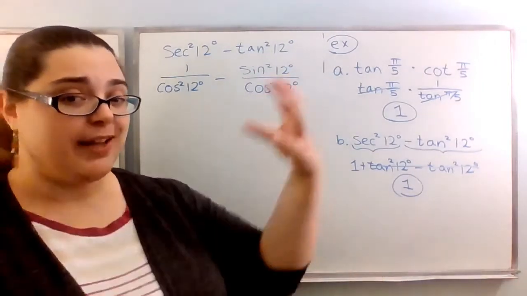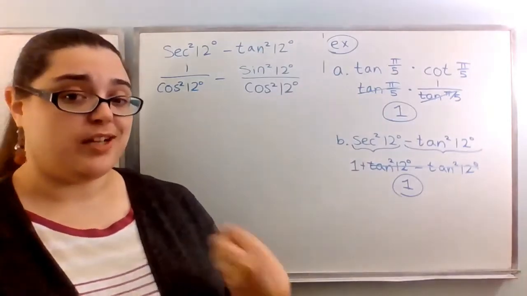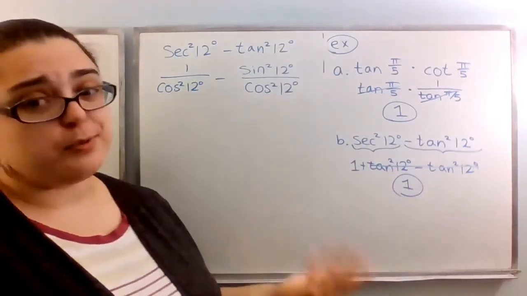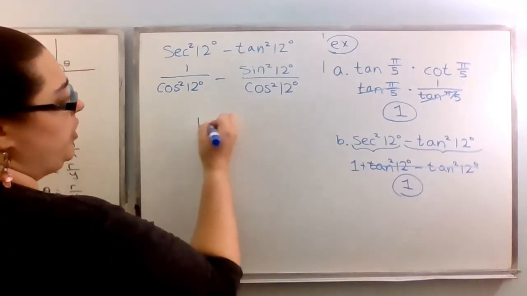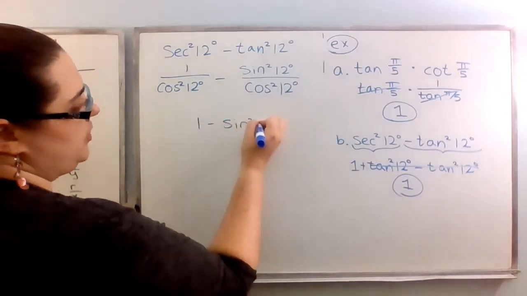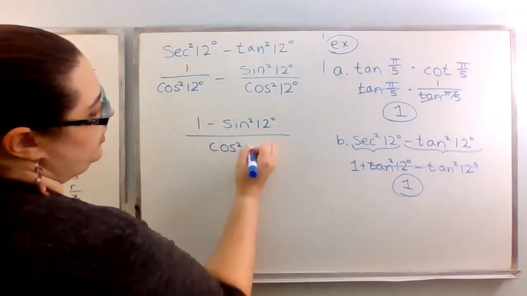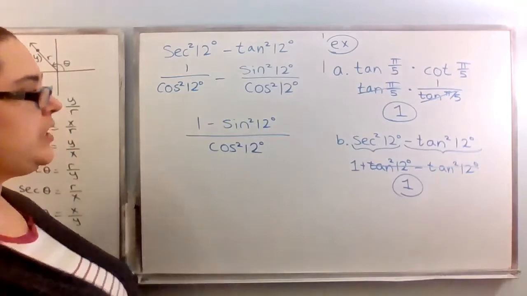So that's my first step: get it in terms of sine and cosine, because that's my key. Now, fortunately, we have the same denominator, so we can subtract, and we'll get 1 minus sine squared 12 degrees over cosine squared 12 degrees.